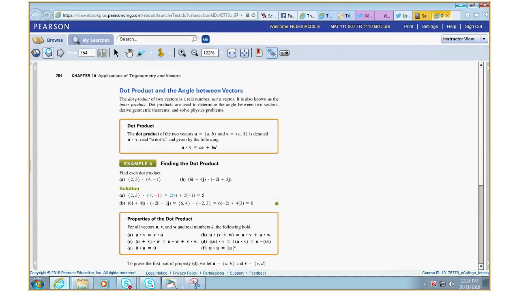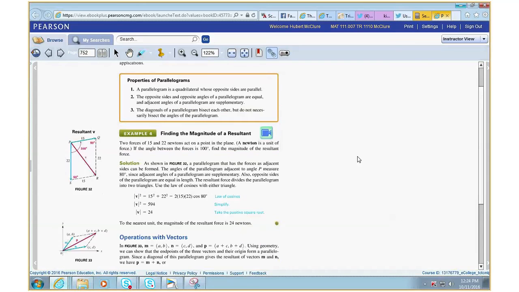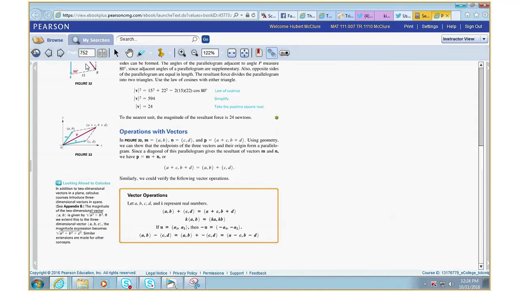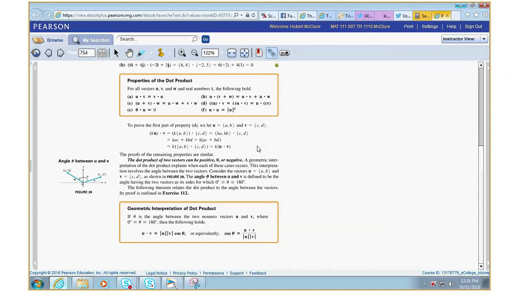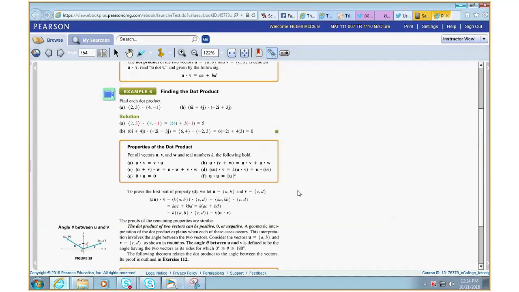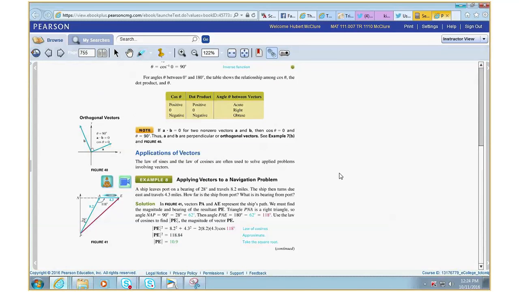Now, one of the things that you might want to use that might help you is the law of cosines.